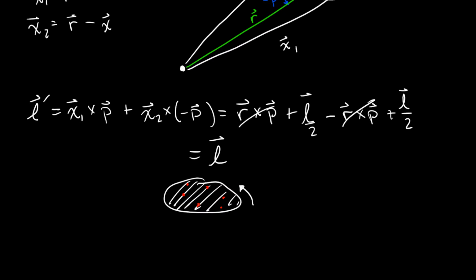So I know that the angular momentum, no matter where I choose my origin to be, will always be the same. So when we consider cases like this, these extended objects, as they're typically called, this idea is really helpful because it takes this sort of arbitrariness of where we choose our origin out of the question.